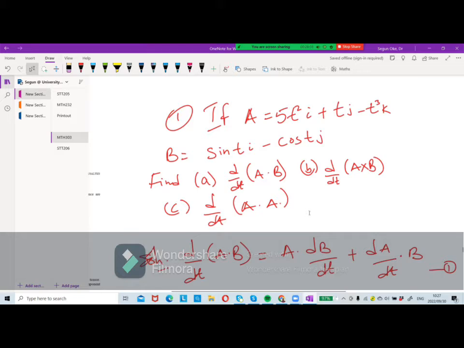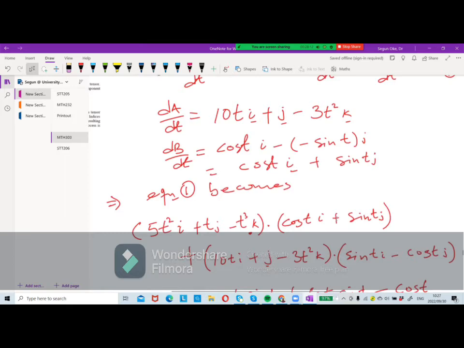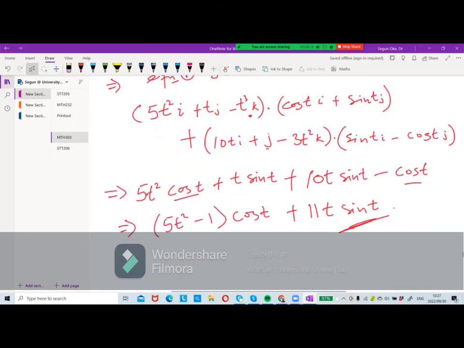So how do you get that -1, sir? Which one? 5t squared minus 1. You agree with me that it's 5t squared, right? Yes, sir. Then there is a 1 here, 1 cos t is here.